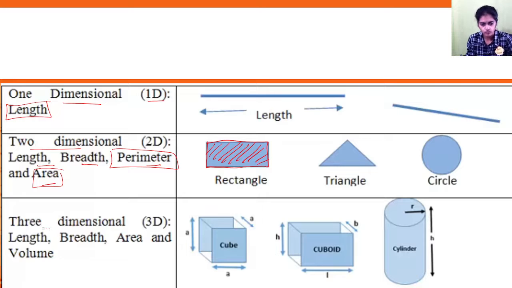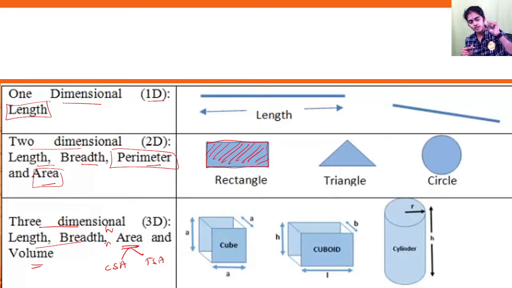Now for three-dimensional figures, we have three dimensions: length, breadth and height, isn't it? So for that we calculate the curved surface area, total surface area and volume.